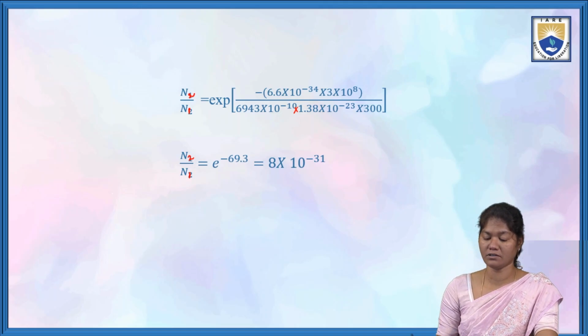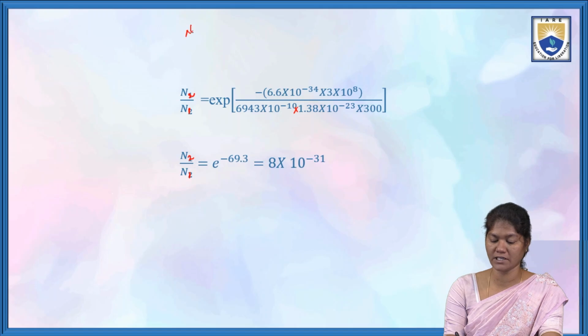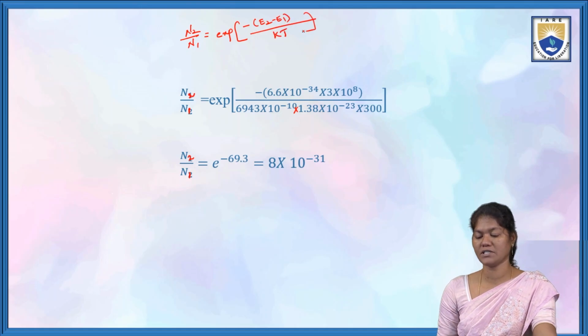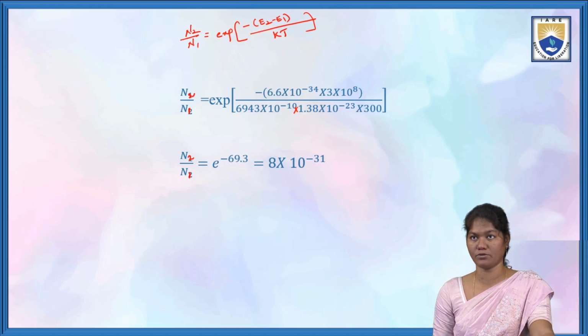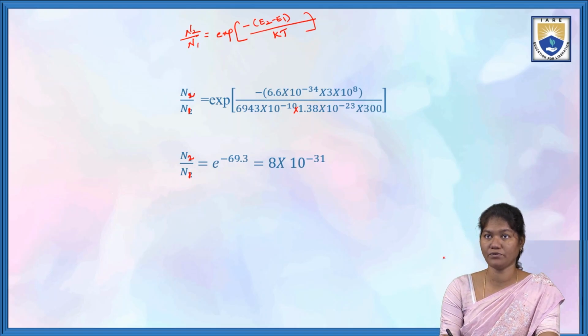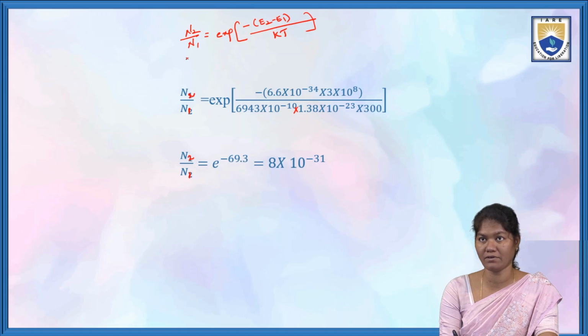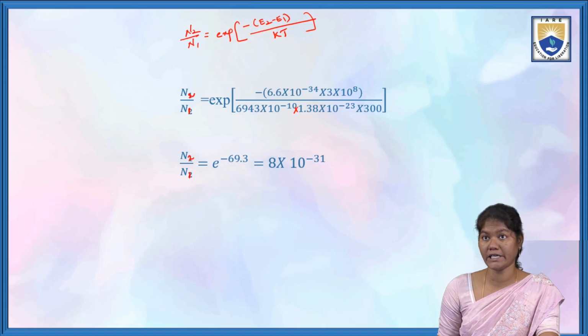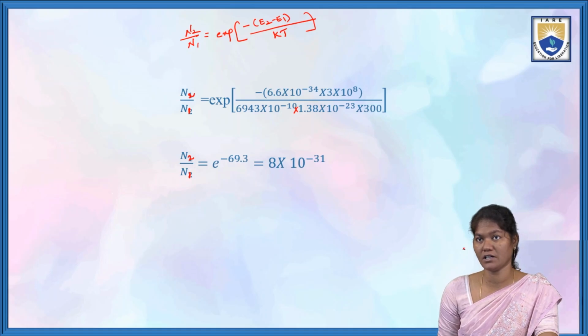Here is the formula once again: N2 by N1 is equal to exponential of minus of E2 minus E1 by KT. So this is the formula. We have to find this N2 by N1, where N1 is the number of atoms in the lower energy state and N2 is the number of atoms per volume in the excited energy state.